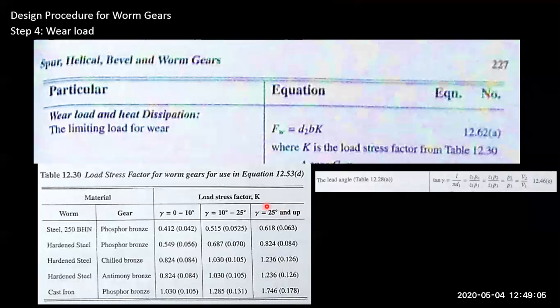We just assumed in the previous step 25. Let's not do that. We'll take it from this equation here. It says 1 over pi d1. So we have d1.